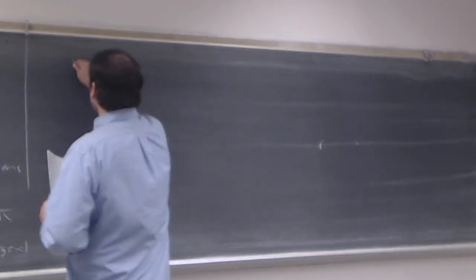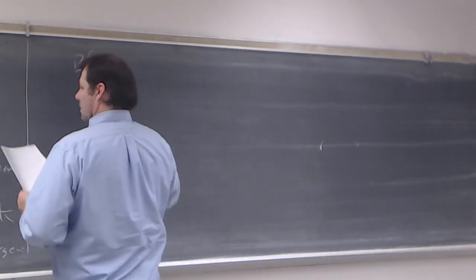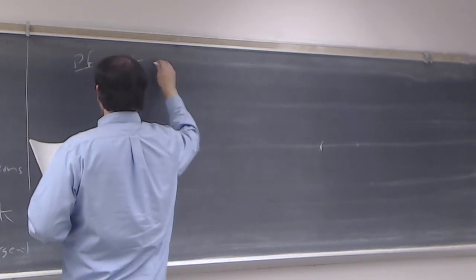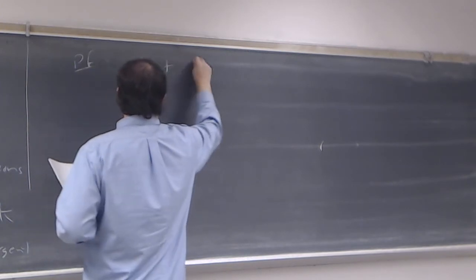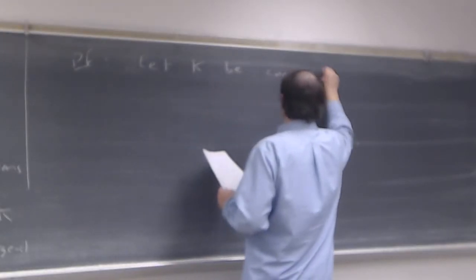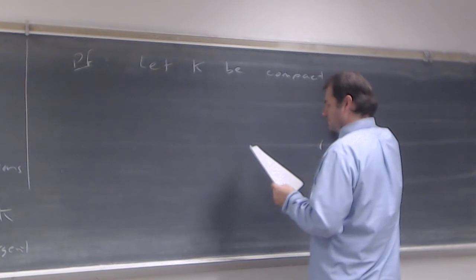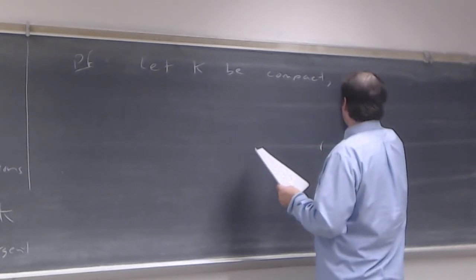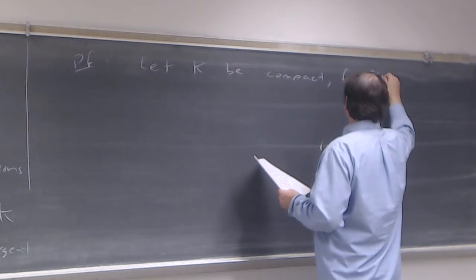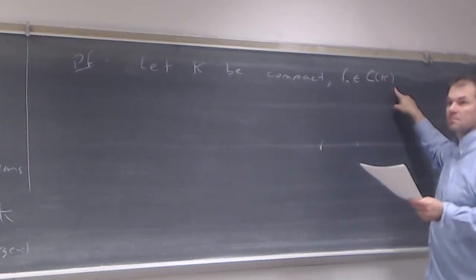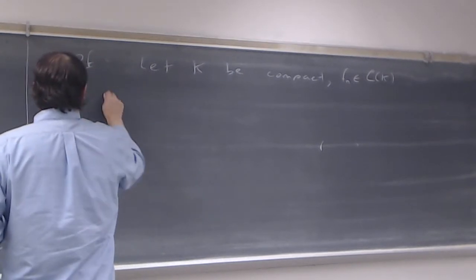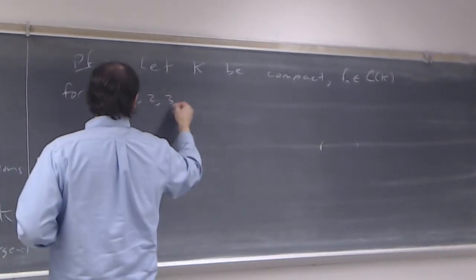Okay, well, for our proof, let us assume the conditions. K is compact, so let K be compact. Let f sub n be an element of C of K for n equal 1, 2, 3, forever.